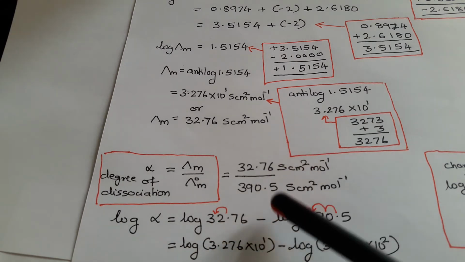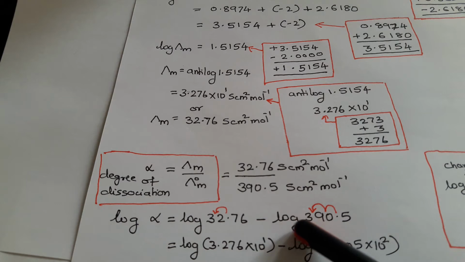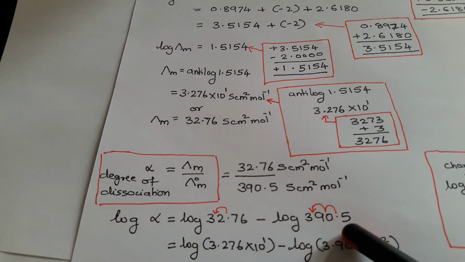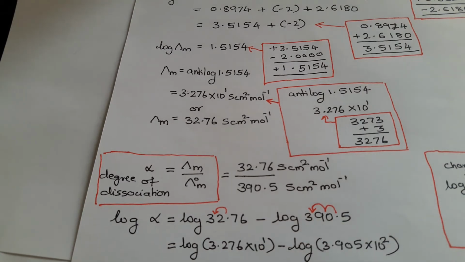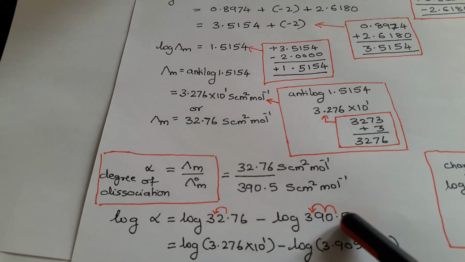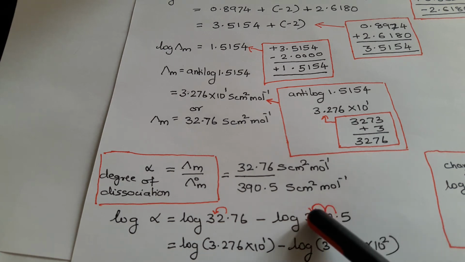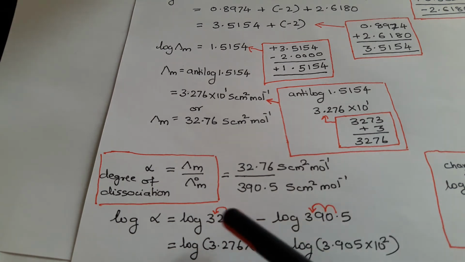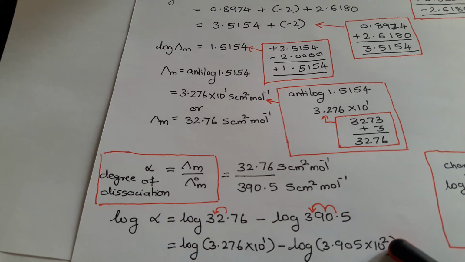Here it is division, so minus log 390.5. We convert them into simple log. Here we shift one decimal to the left. Here we shift two decimals to the left. So here we write 10 raised to 1. And here we write 10 raised to 2.